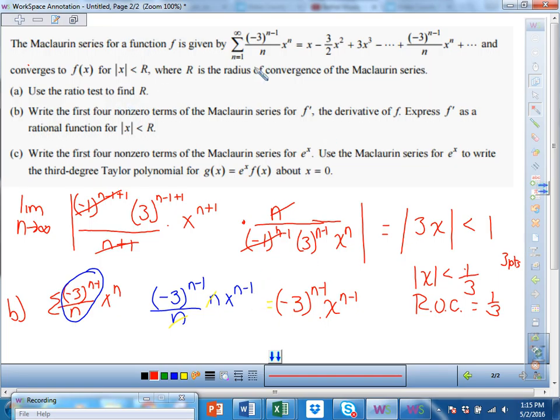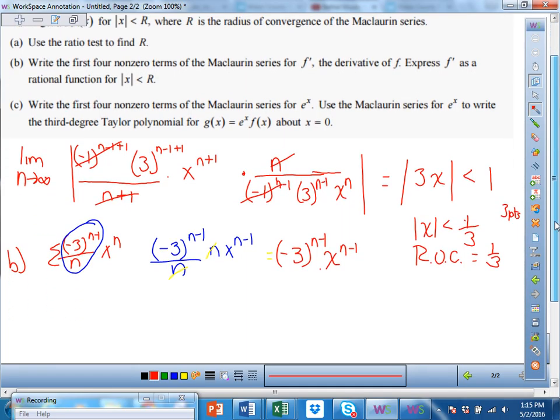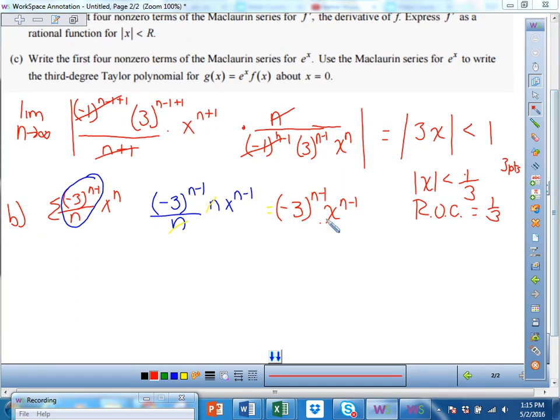Now, we were told that it starts when n is equal to 1. So you can just start by writing the terms for this, knowing that n is equal to 1. So when n is equal to 1, we get 0 here. Yeah? We get 1. Is that right? Yep. Okay. Is it negative 1 or positive 1? Positive 1. When n is 2, we get negative 3x to the first power.